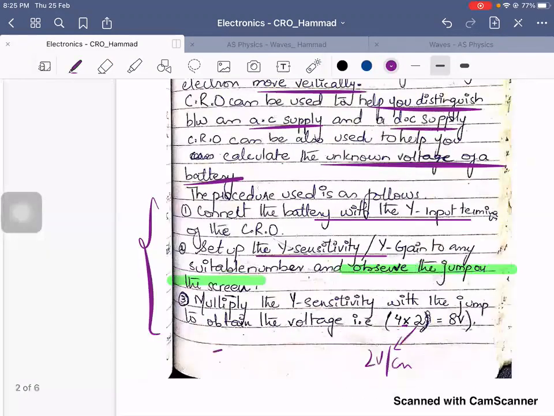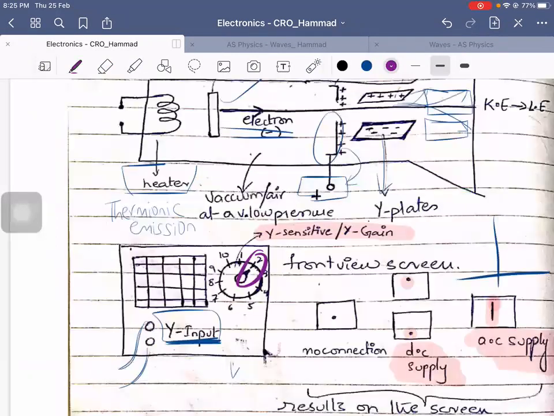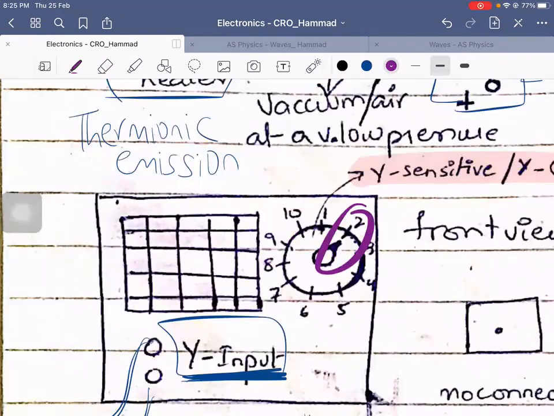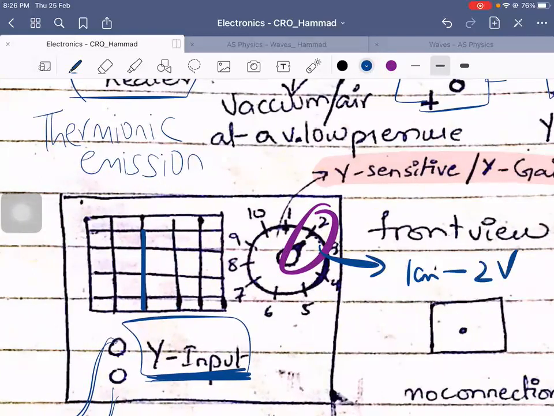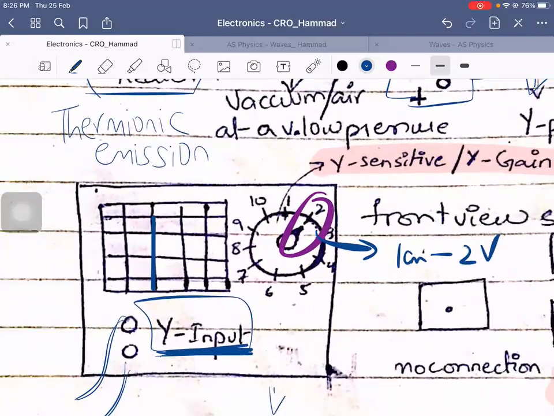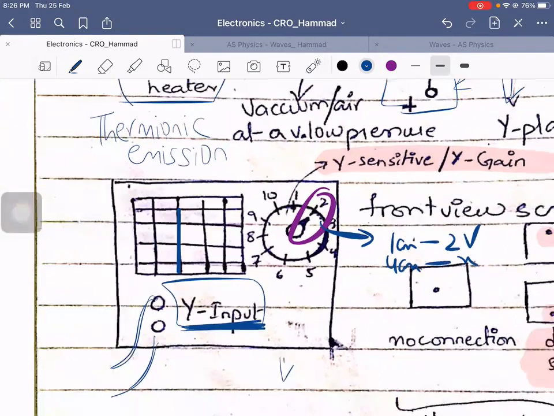In this case, starting from the base of the CRO, it took up 4 blocks. So from here, you can work out that each centimeter is equal to 2 volts. So 4 centimeters would simply mean X, and you cross multiply, you get a value of 8 volts for this specific example.